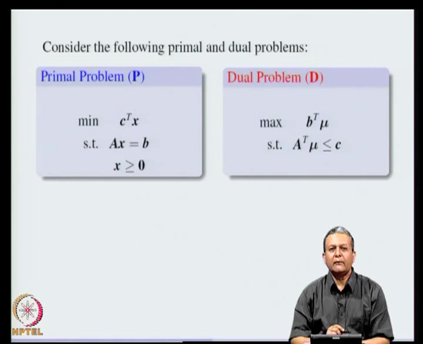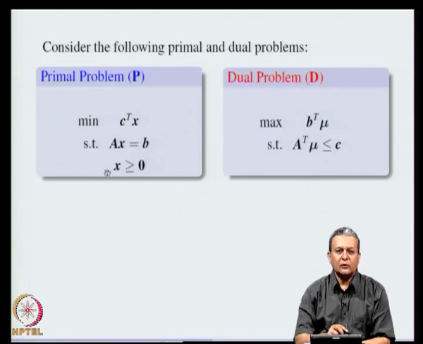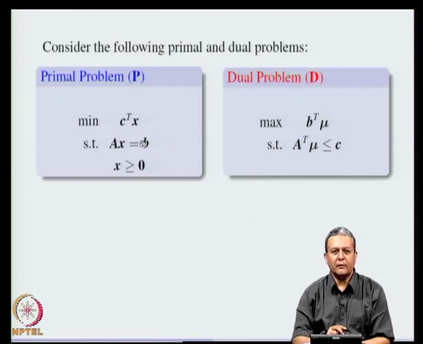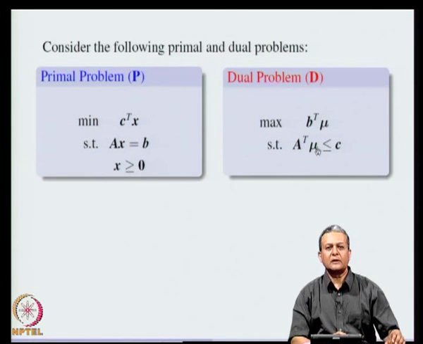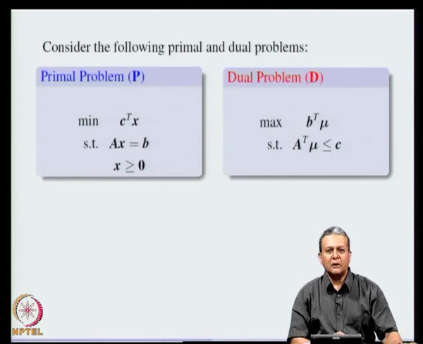Now, given the optimal solution of this primal problem, is there a way to get an optimal solution of the dual problem? And can we use the simplex method that we have seen earlier to find out the optimal solution to the dual problem? So, this is going to be the next topic of our discussion.